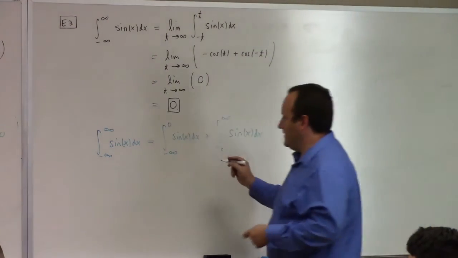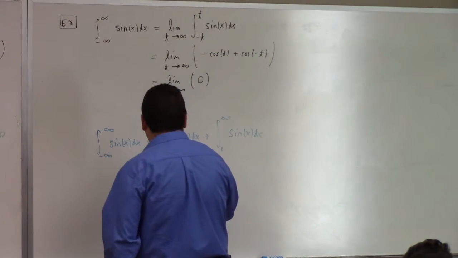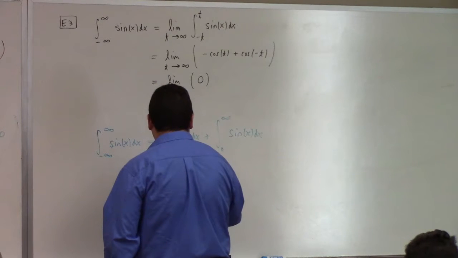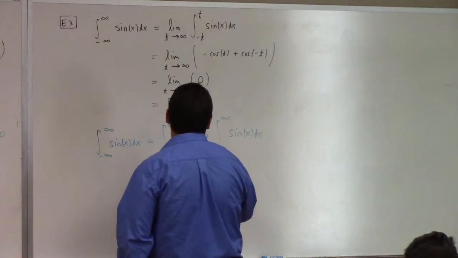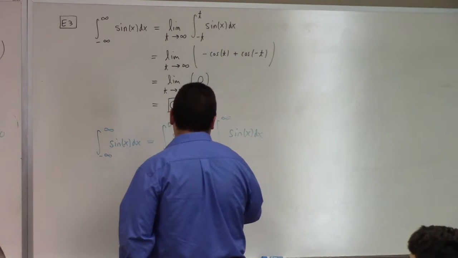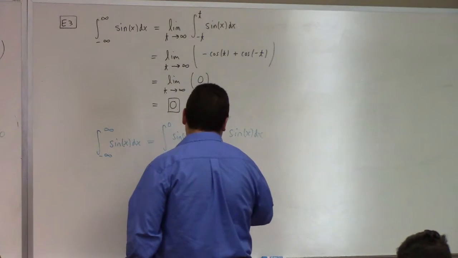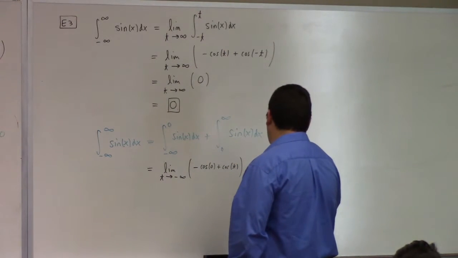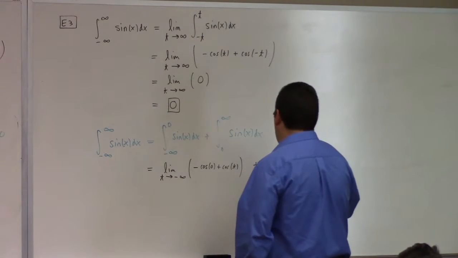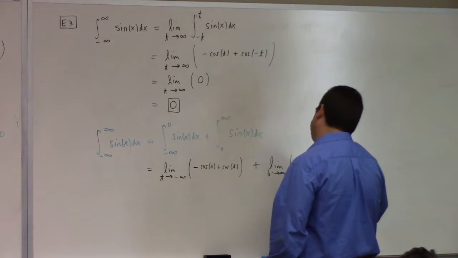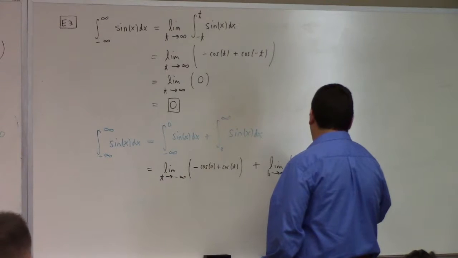Well, then this is the limit as t goes to minus infinity of minus cosine of 0 plus cosine t, plus the limit as b goes to infinity of minus cosine of b plus 1.